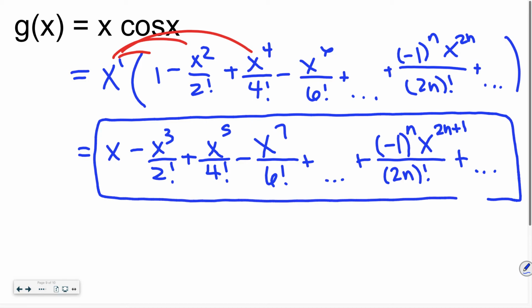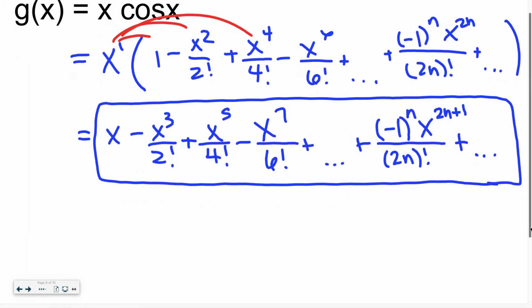So what changes? It's the powers. Since I multiplied x to the first to every term, x to the first gets multiplied to each one, and it becomes 2n plus 1. Oh, I just broke this and I regret it. Okay, that's a good question.